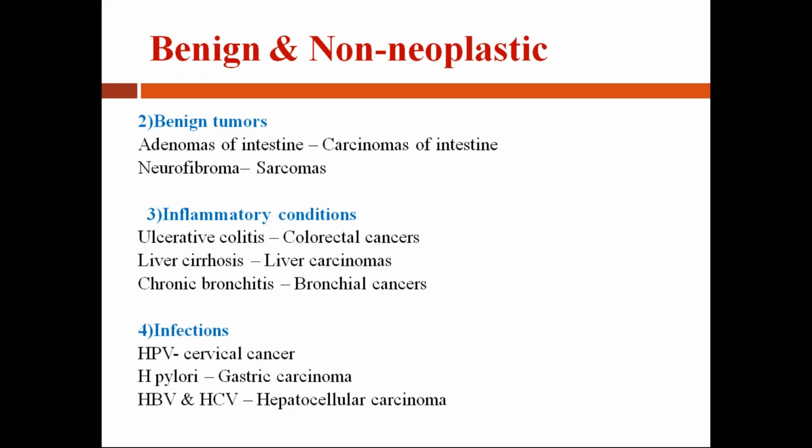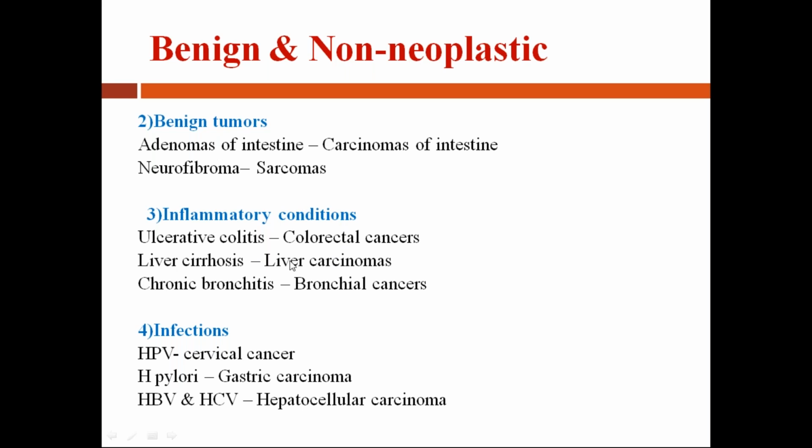And some benign and non-neoplastic tumors, like adenomas of the intestine, have to be diagnosed, otherwise they can progress to carcinoma of the intestine. Similarly, neurofibroma, a benign tumor of the peripheral nerves. If we diagnose it, it has to be excised immediately, otherwise it will progress to neurogenic sarcoma.